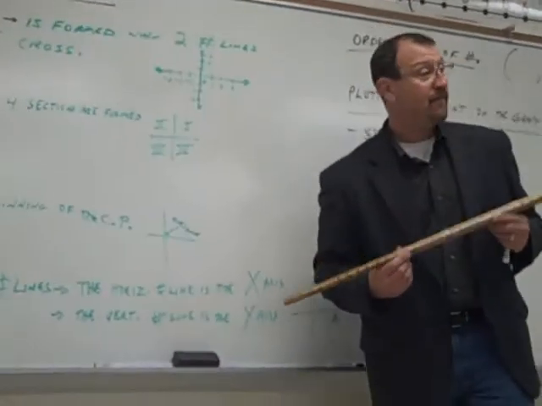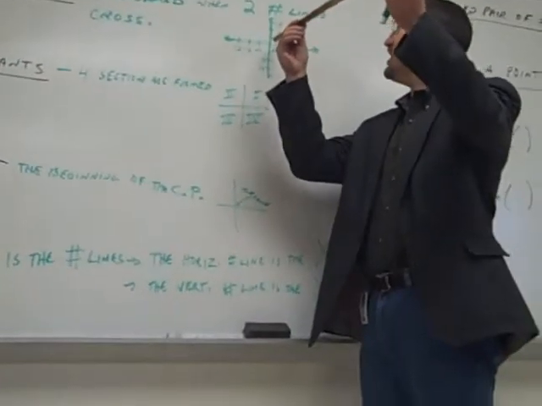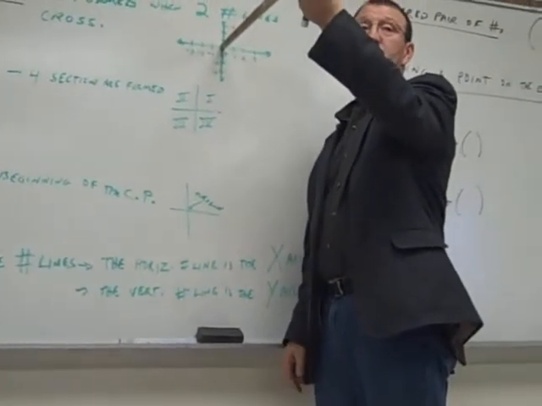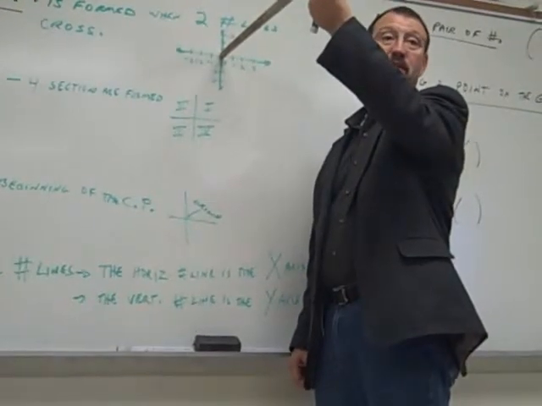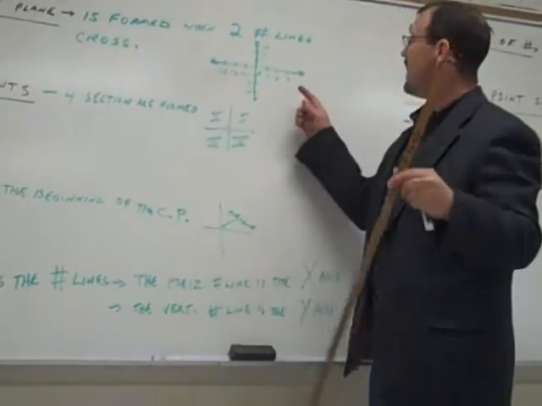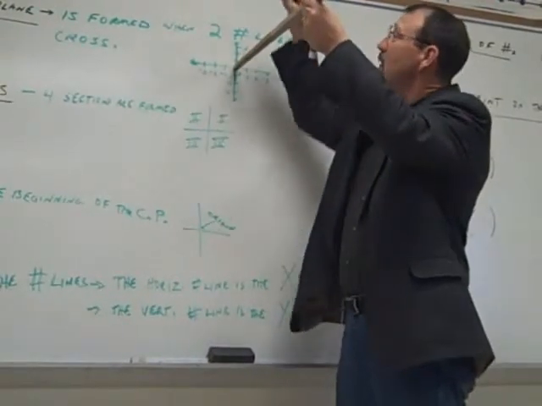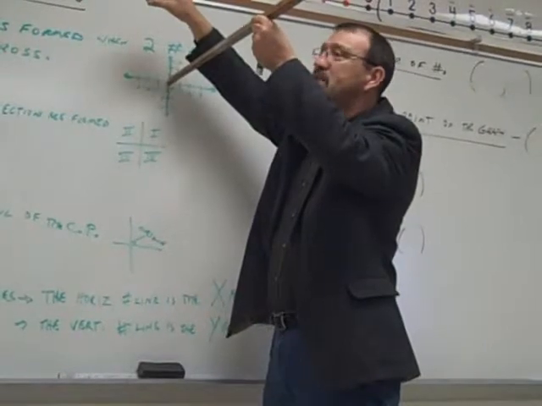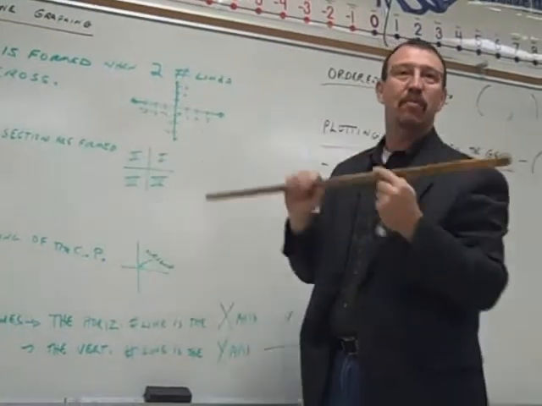When you get into a high enough section of mathematics, you will also have a Z axis that goes through like this, which makes it a three-dimensional coordinate. This right here is a certain spot out here in space. It has an X, it has a Y, and it has a Z place.